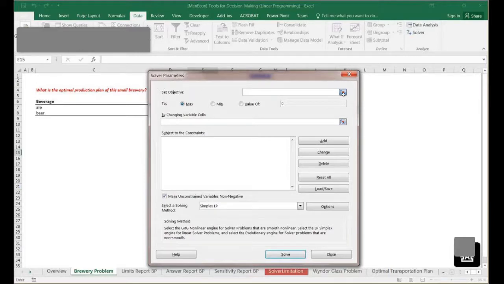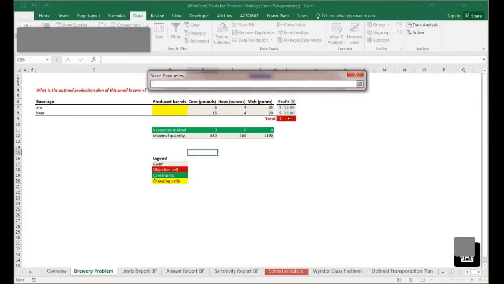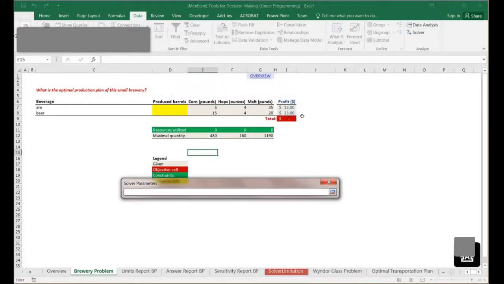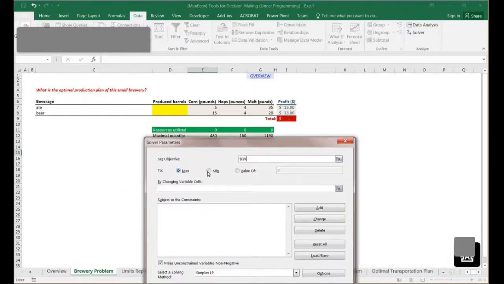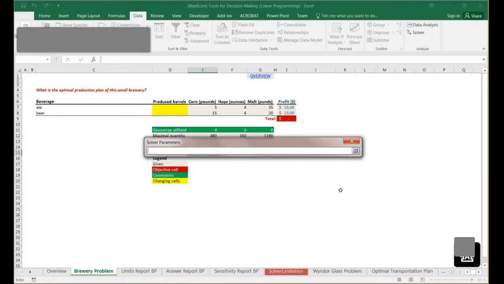Our objective is the profit that we want to maximize, which is the cell I9. We can maximize it, minimize it, or set a value. An optimization problem could also be minimization, but we have maximization. The changing cells are the numbers of barrels of ale and beer.